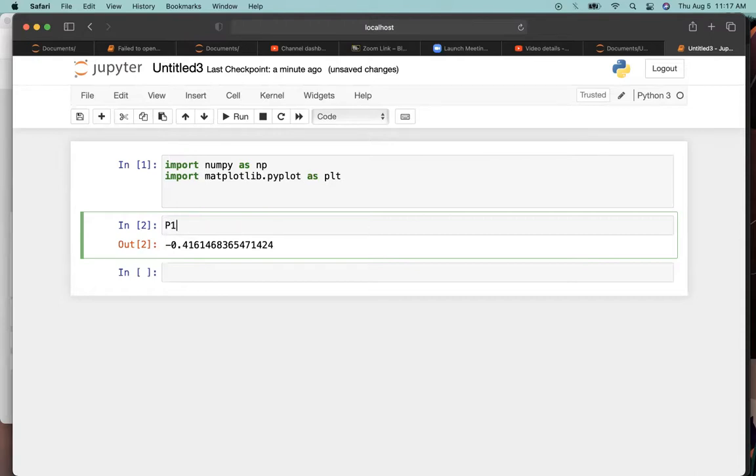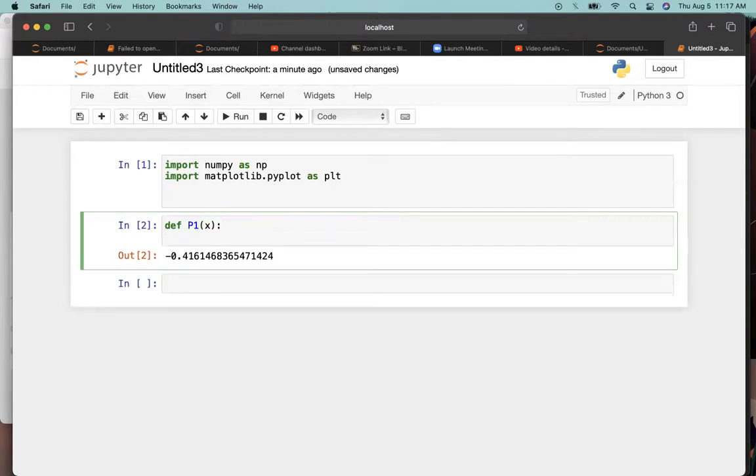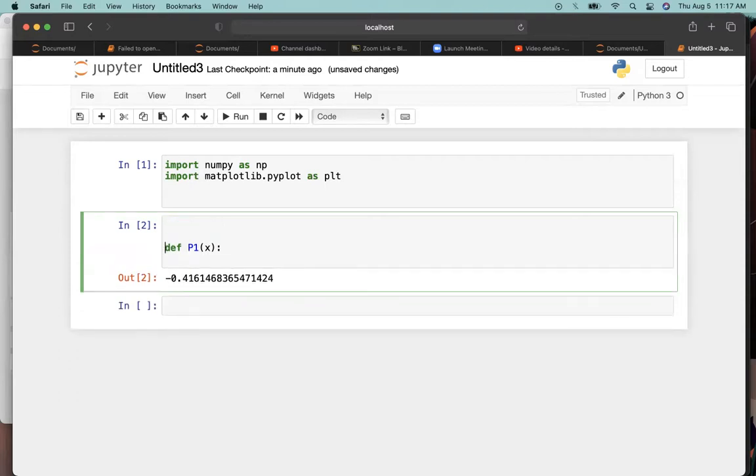Let's call it P1. P1 of x would be our first order Taylor polynomial, and we're going to try to model cosine. The goal is to model cosine around x equals 2.